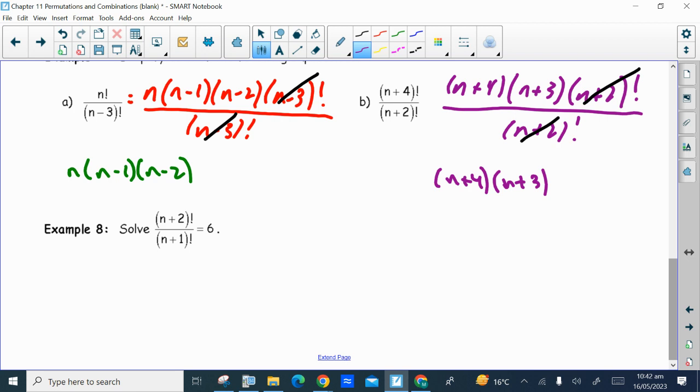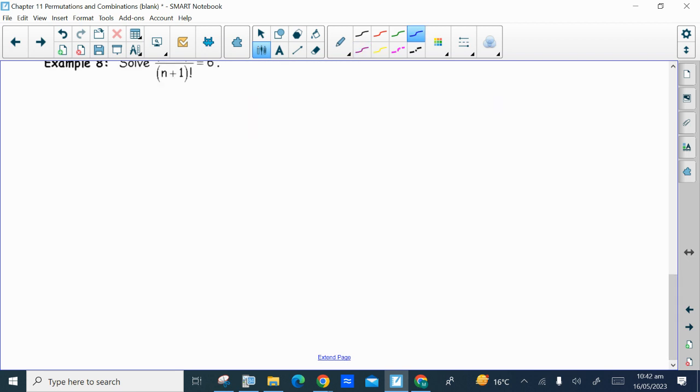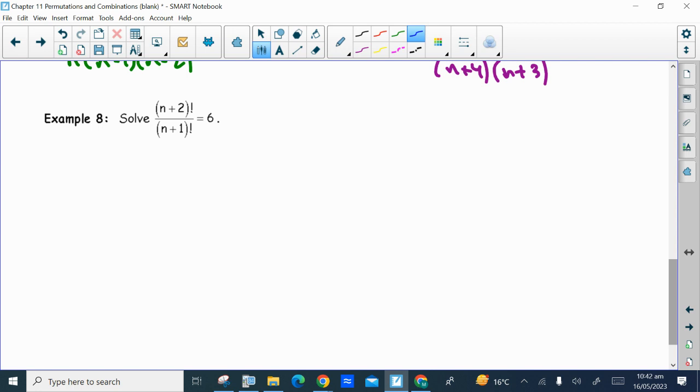So we can use that process to solve a question like number 8. There have been questions similar to this on diploma exams before. They would say determine or algebraically determine, which again means, remember, that you have to show your work. So we would solve this by expanding the larger expression, which is n plus 2.